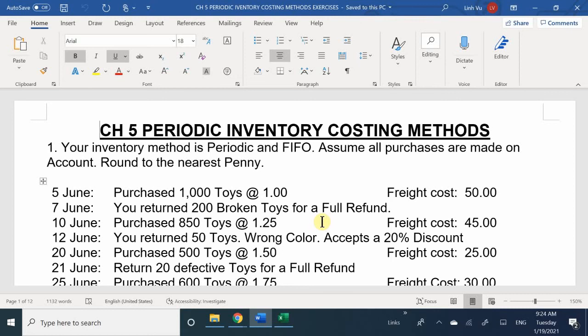So now here the question is, you're trying to return 50 of the toys, but they're not going to give you a refund. Instead, they're going to give you a 20% discount. So how are you going to journalize this? Or how are you going to calculate this?